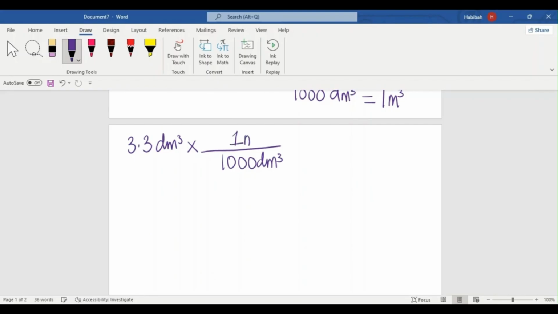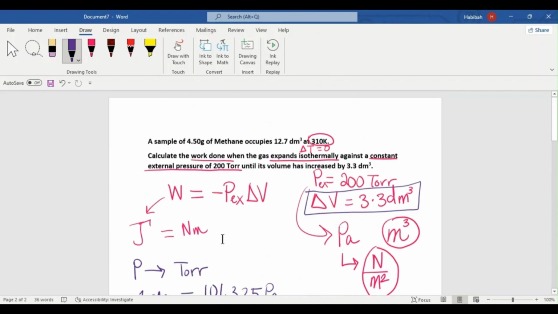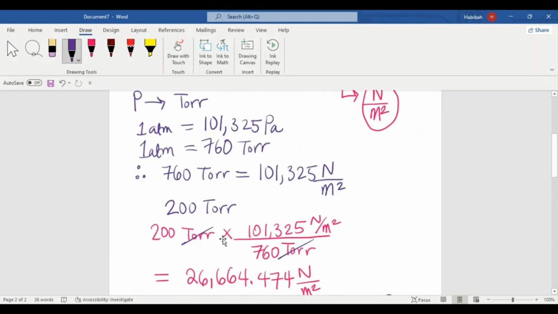So you cancel out dm cubed and dm cubed. 3.3 divided by 1000 would just be 3.3 times 10 raised to the power of negative 3 meter cubed. And this is basically what you have to be the answer so far.